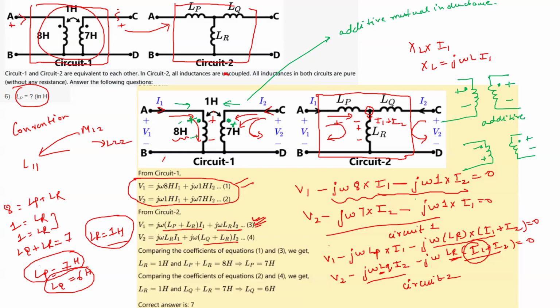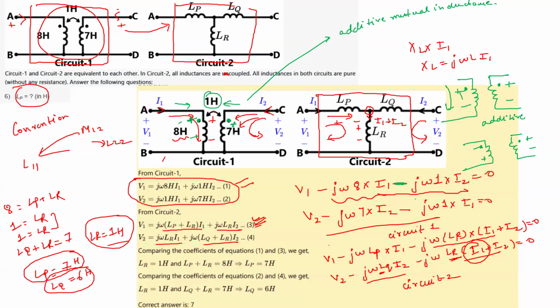Because this is additive, in the direction of current, the effect of the mutual inductance is also like this, right? In the direction of current, the potential is reducing from plus to minus. That is why I wrote it as minus j omega M, which is the mutual inductance, into I2.